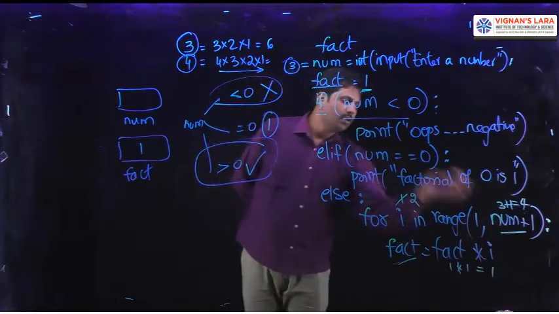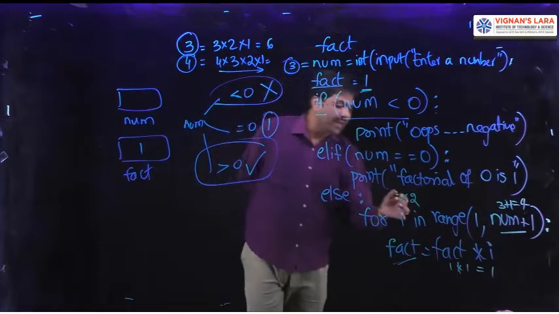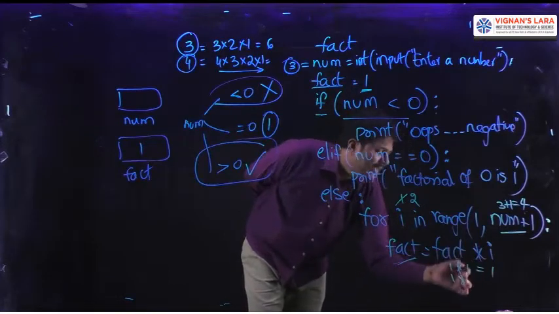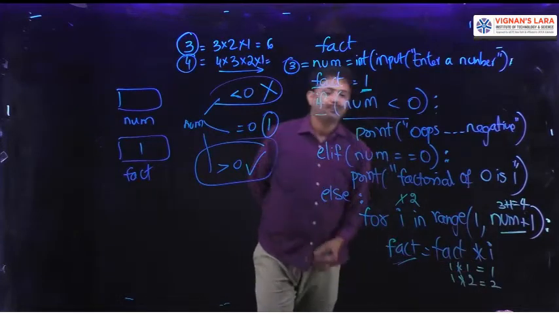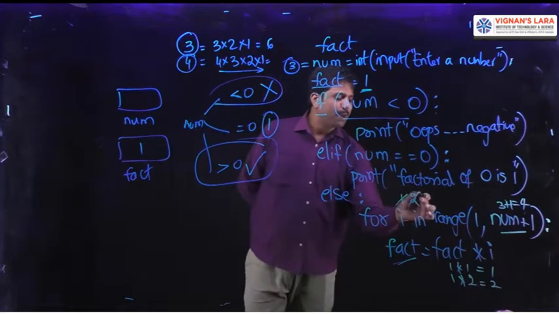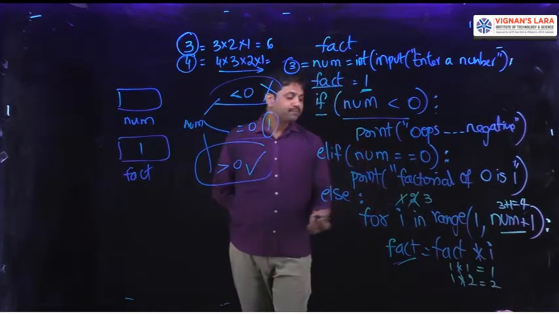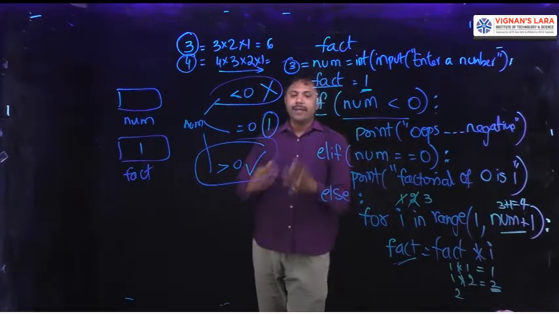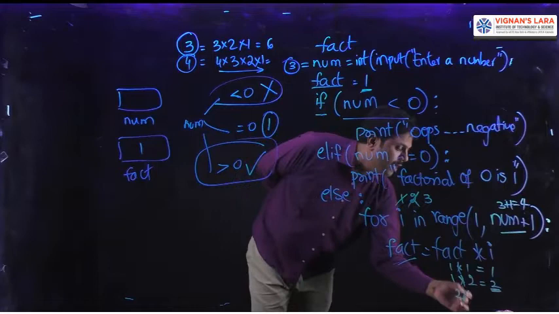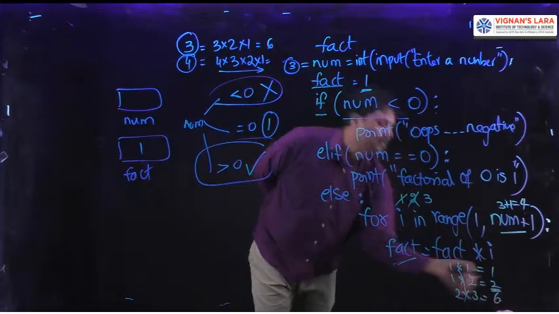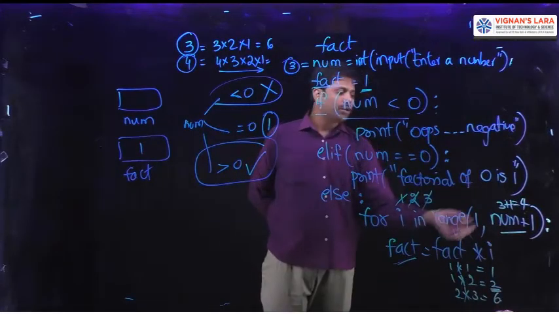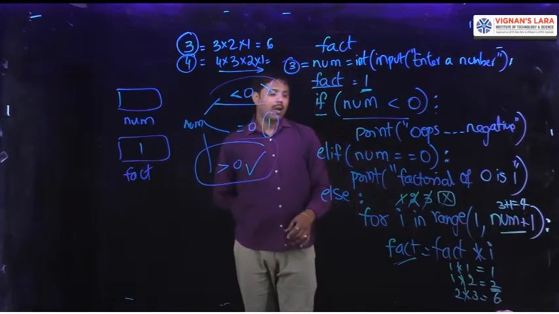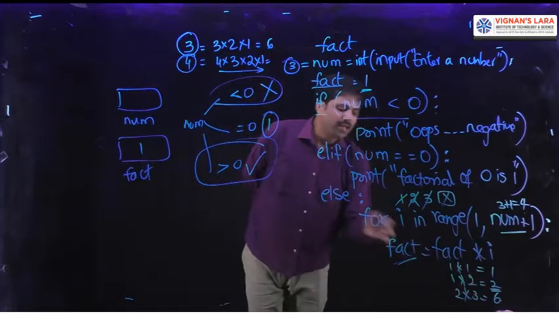So fact is 1 into i, which is 2, equals 2. For the third iteration, i is 3 and fact is 2, that means fact is replaced with 2. 2 into 3 equals 6. For the fourth iteration, the loop is going to break. Finally, fact contains 6.